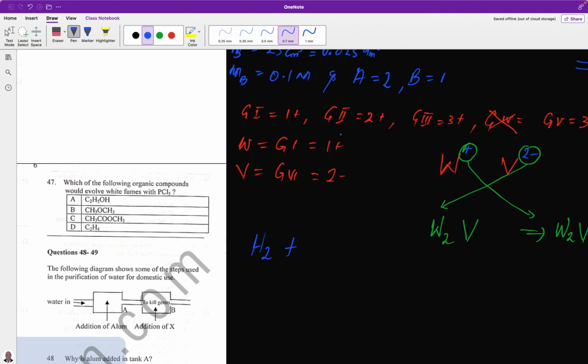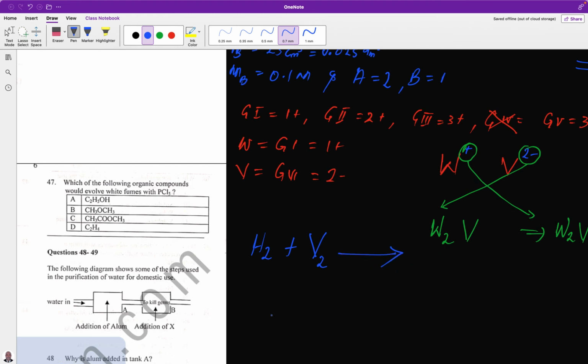I said V belongs to group 6. These are always diatomic molecules, not single atoms. So now it will be V2. So V2, we will form what?